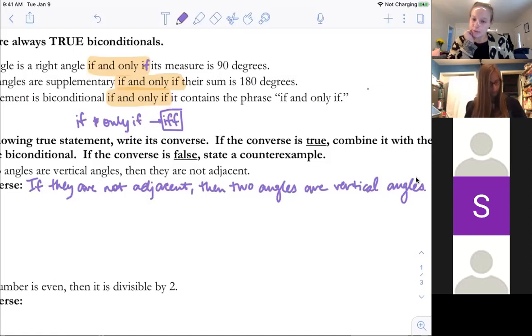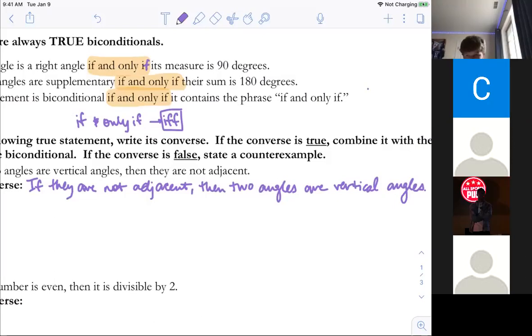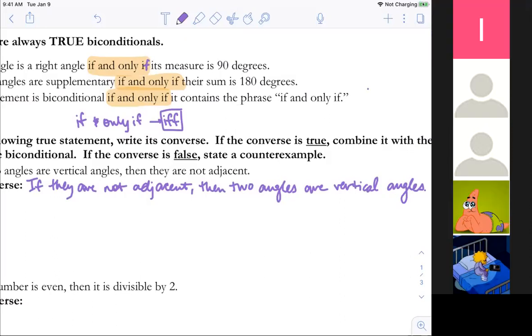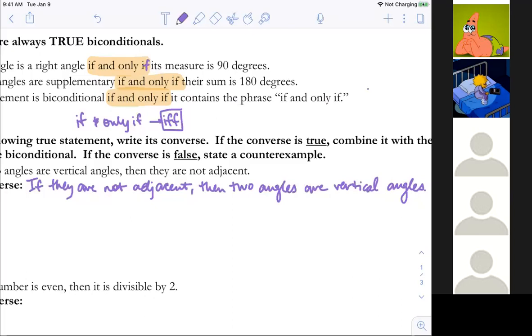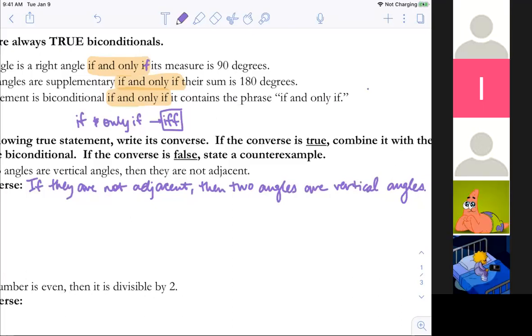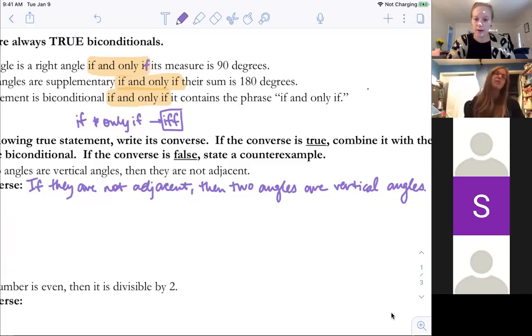Do you think this is true or false? Anybody? I think it's false. You think it's false? Thanks, Kamara. Could you help me draw an example, or do you just know it's false?